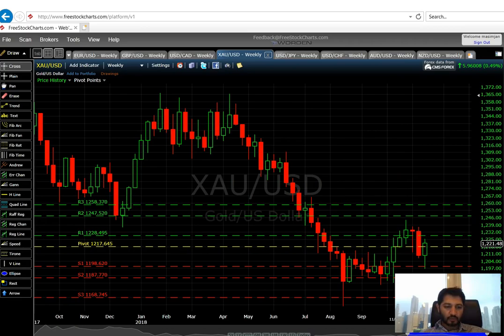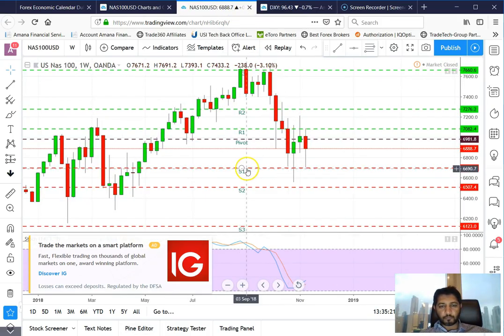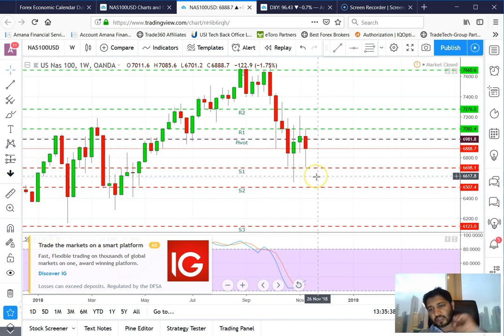Moving on to the last pair, which is currently Nasdaq 100. Nasdaq 100 is bearish and I would expect that it is falling down, but a strong support is there at support 1, which is at 6690, so 6690 points, and currently it's trading at 6888.7.